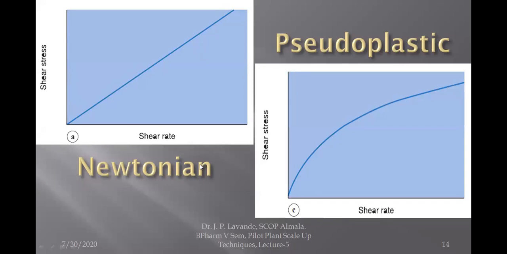That is the relationship between the viscosity, the shear rate and the shear stress. So there is a direct proportion. The same may not be the case with pseudoplastic, because this particular graph shows the pseudoplastic relationship between shear rate and shear stress, right? As the shear rate goes on increasing, the shear stress goes on decreasing, which means the viscosity goes on decreasing.